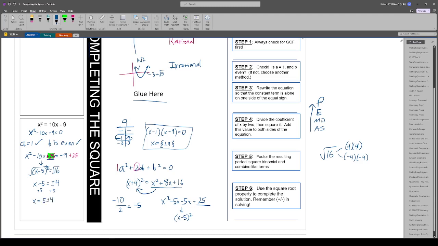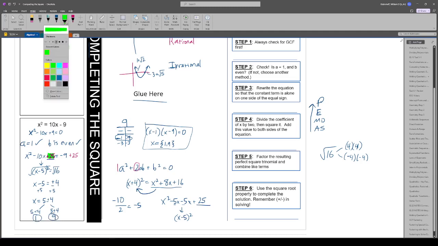But that's just two different numbers. Over here, I have 5 minus 4, and over here I have 5 plus 4. So my two solutions are 1 and 9, which are the exact same solutions that we got by factoring, except it was way faster by factoring.